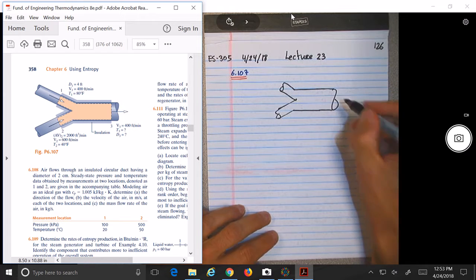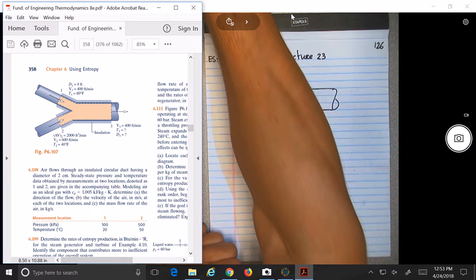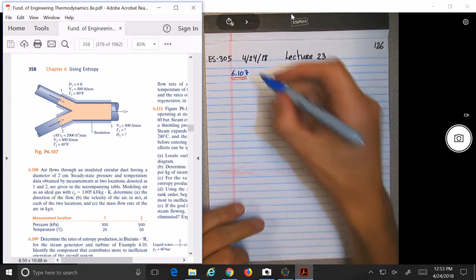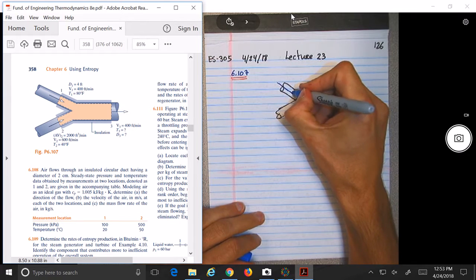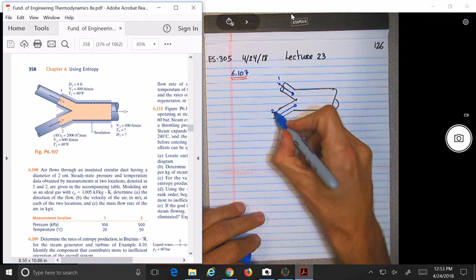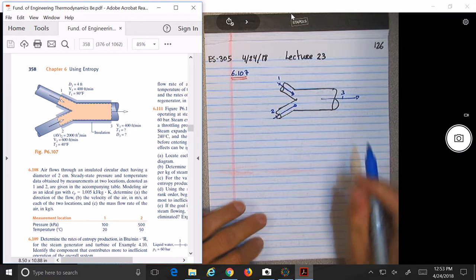So two pipes connected to one pipe. So the flows, so let's see, there's one going in this way, two, and then everything comes out this way.